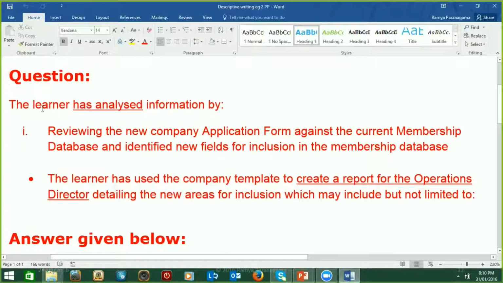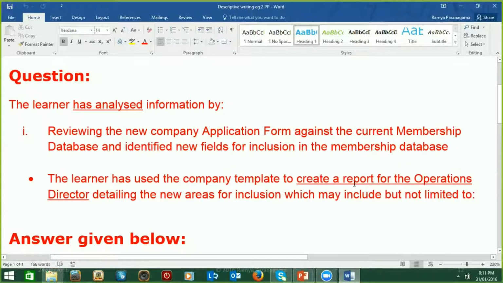The expectation is the learner has analyzed information. I have underlined analyzed information, by how? Reviewing the new company application form against the current membership database and identifying new fields for inclusion in the membership database. Okay. Then the other one is the learner has used the company template to create.